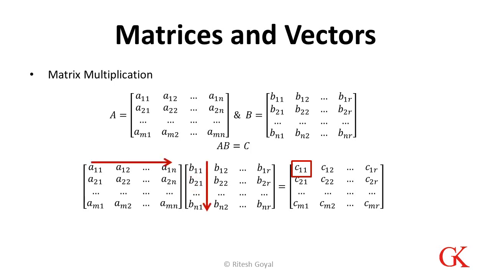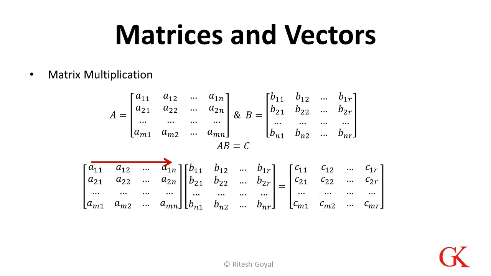So it's like go in this direction and in this direction, keep on multiplying elements and adding them together. So it becomes like C11 is A11 B11 plus A12 B21 plus A1n Bn1, and we get the C11.